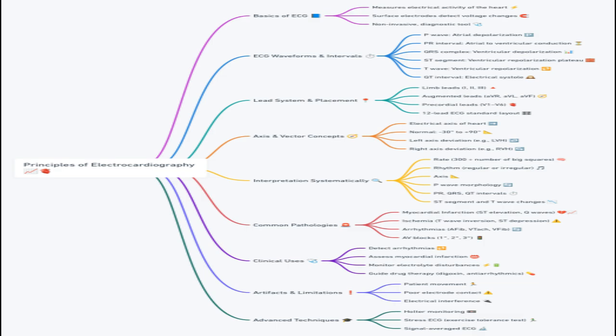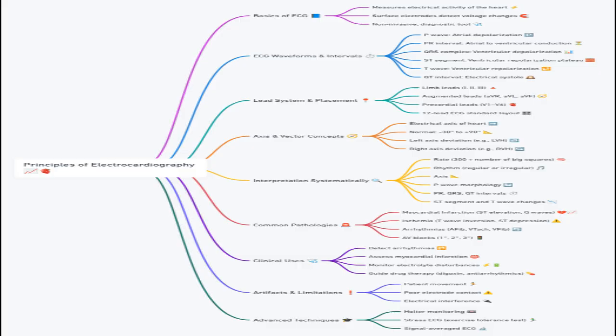The QRS complex is the representation of ventricular depolarization, and the duration is normally less than 120 milliseconds, and the morphology provides clues to ventricular conduction, such as bundle branch blocks or ventricular hypertrophy.